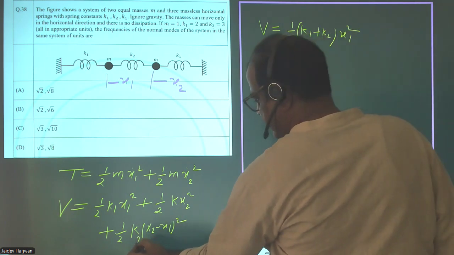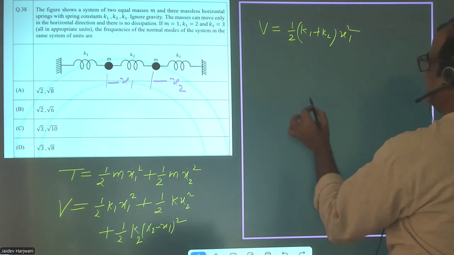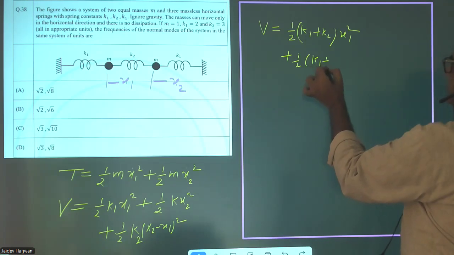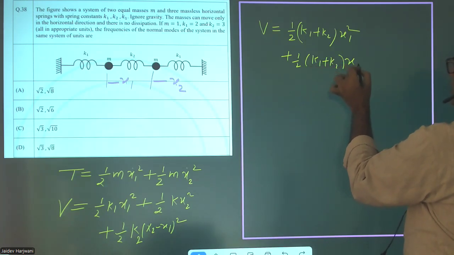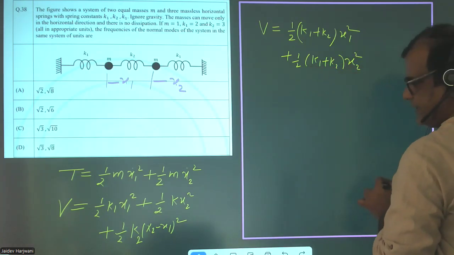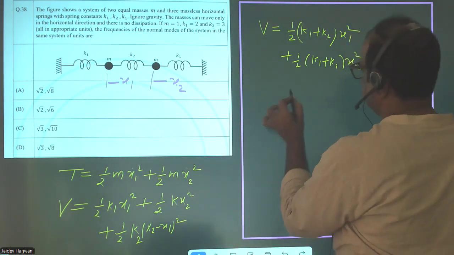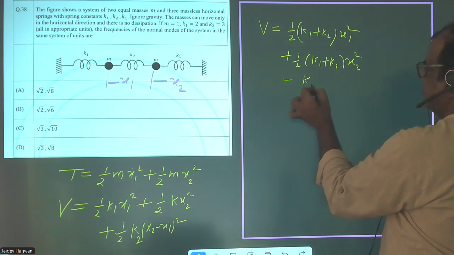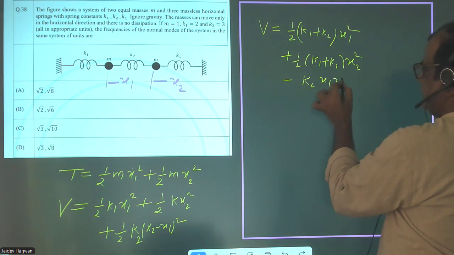K2 is coming from here, k2 x1 square coming from here. Similarly, plus half (k1 plus k2) x2 square. And if I solve this one, the 2 cancels, so minus k2 x1 x2.